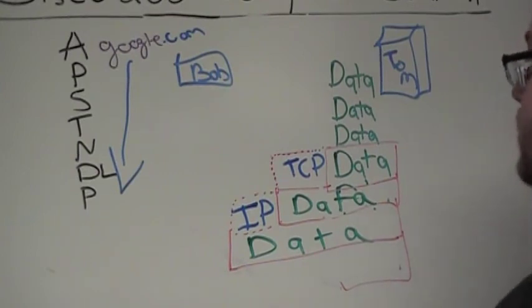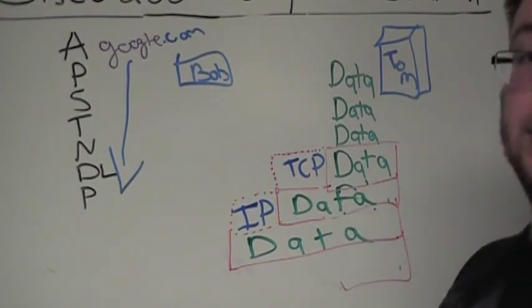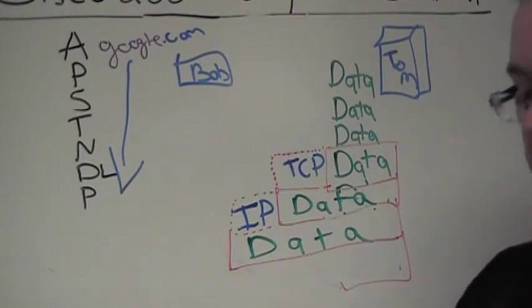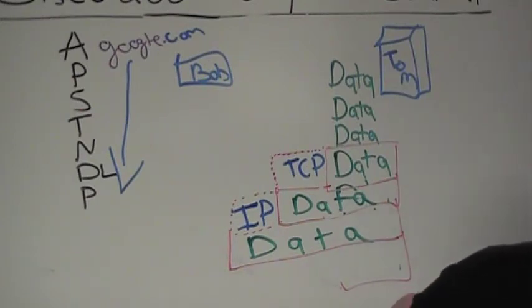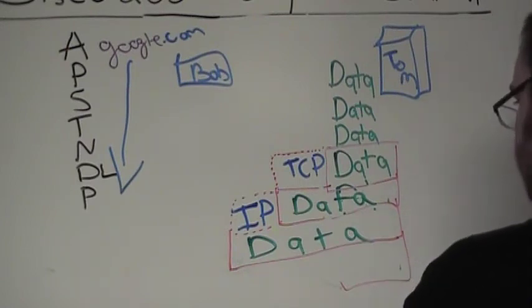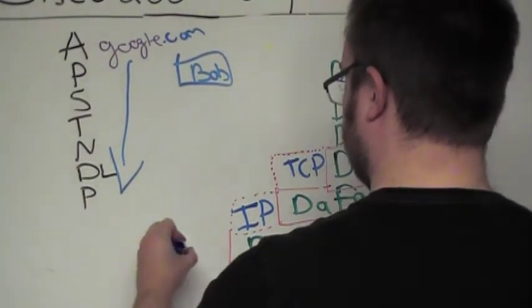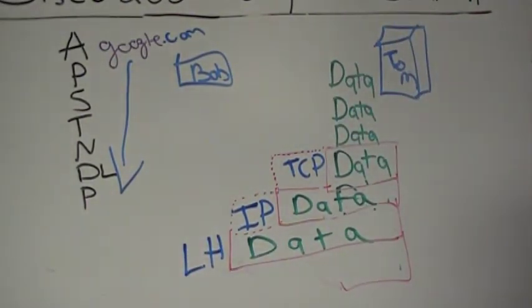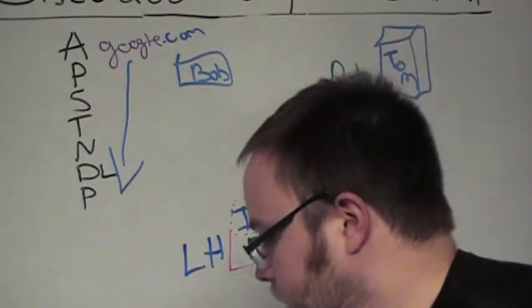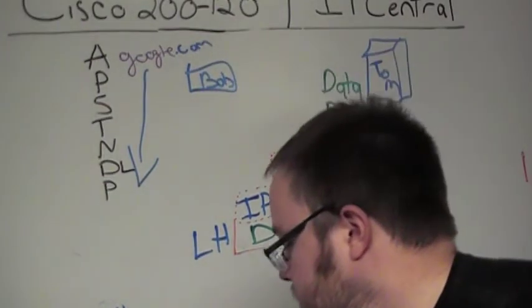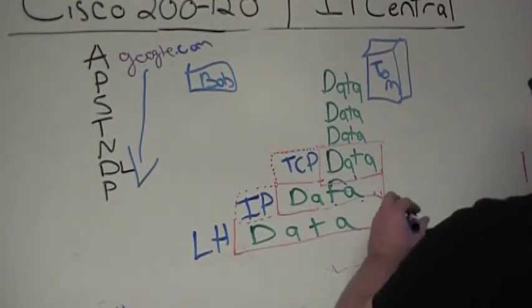Alright, this is where you get down to the data link. Okay, this is where you get a trailer. So we're going to go ahead and write data again. We're going to go ahead and put the header. So now you get the link header, and off to the side here, back up just a hair. This is where we're going to put the link trailer.